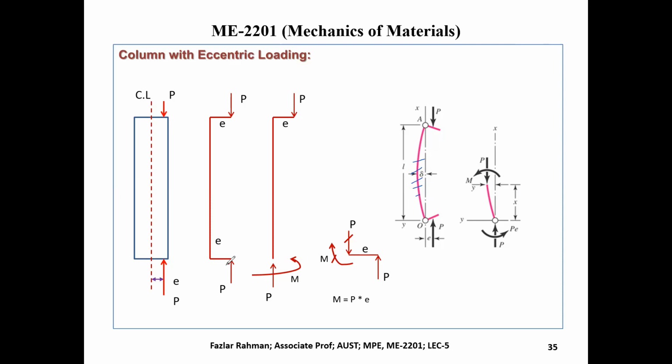So say this is A, this is B, and say this is point C. I would like to cut this column at point B. If I cut it at point B, then the straight line will be line AB. Let me take the mouse pad, and this one is point B. What is the load at point A?